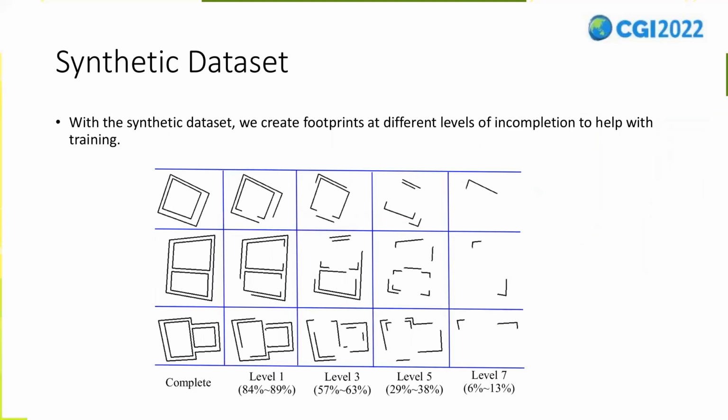Beginning with the complete synthetic building contour images, we then progressively mask out portions of each building in such a way that we can produce 7 levels or layers of incompleteness, with layer 7 being the most incomplete, shown in the figure. As you can see, level 7 covers only around 6% to 13% of the whole building.